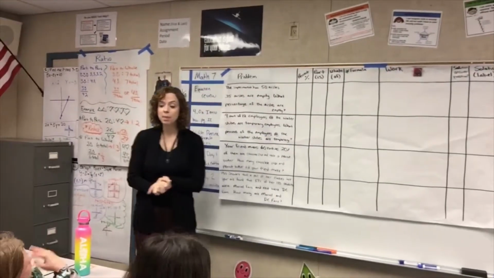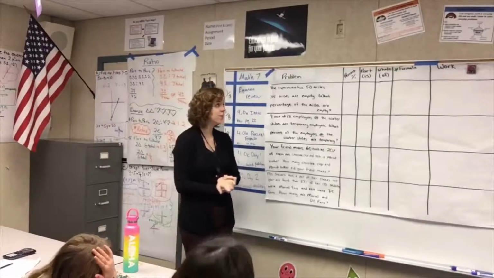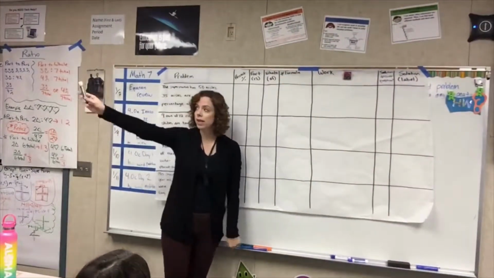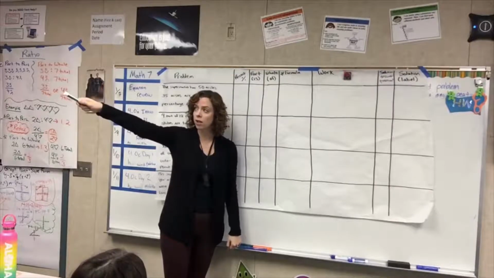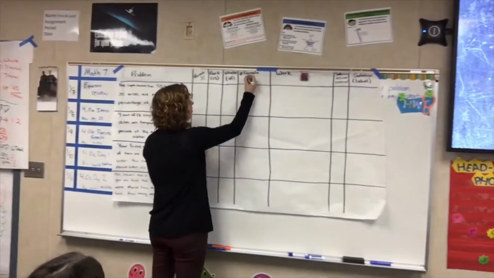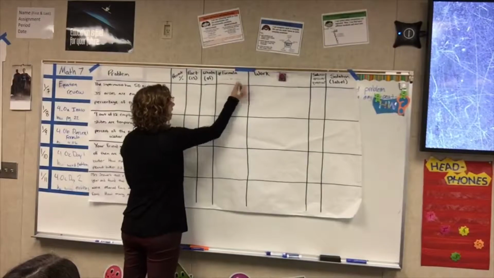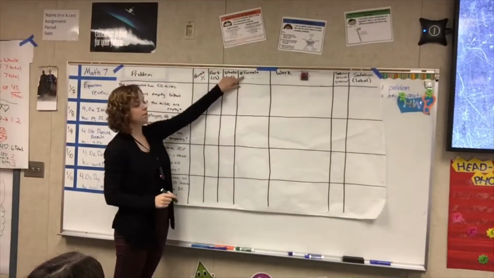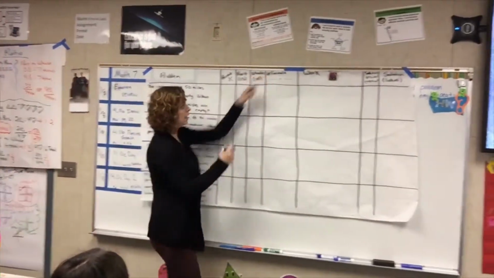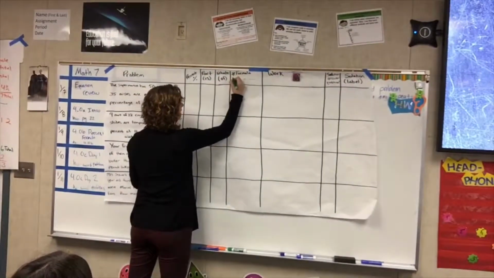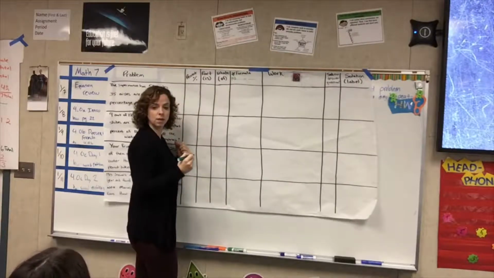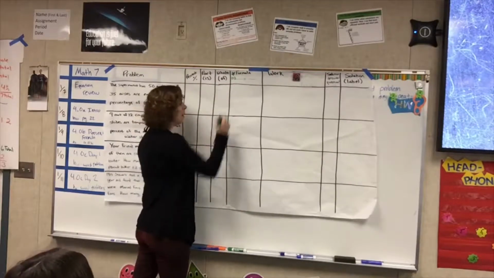In the box where it says percent formula, we are going to write the formula. Looking at our pictorial chart over there, if I have my 2 fractions, what goes above? Is. And what does the is represent? Part.